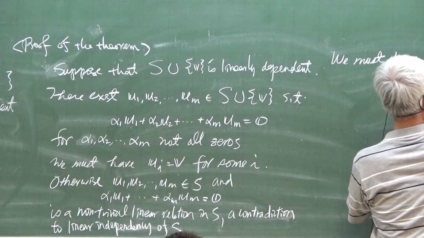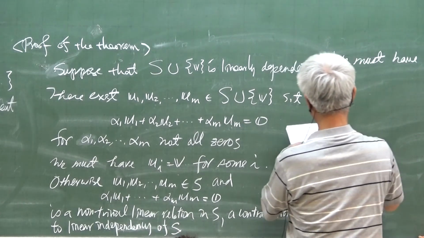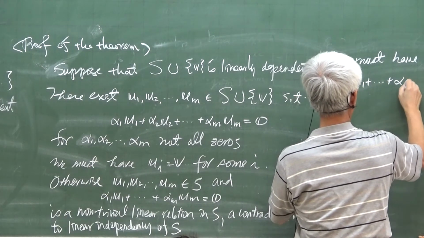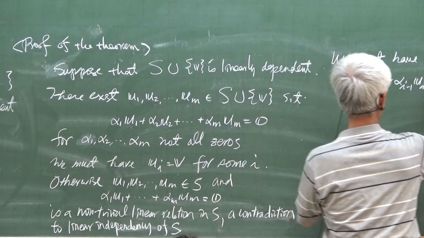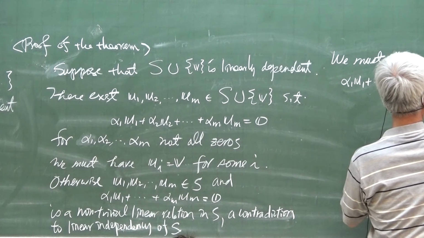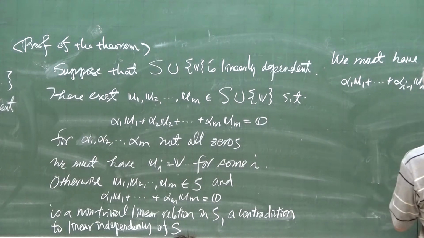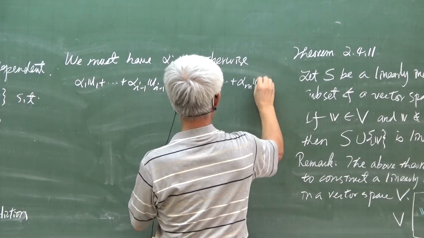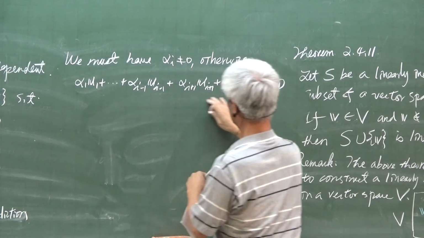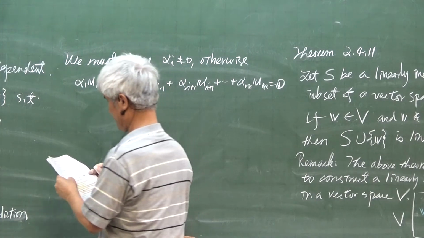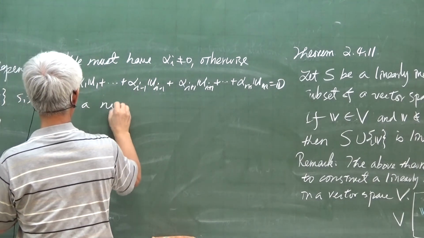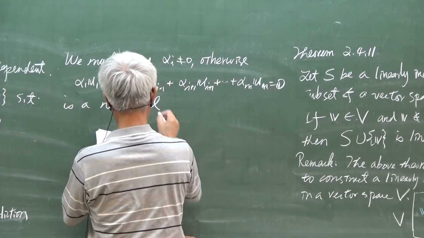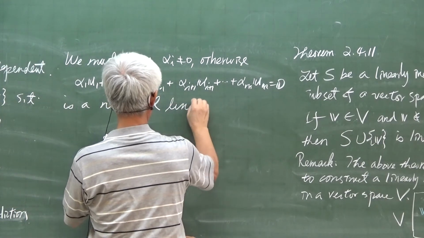Otherwise, alpha 1 u1 plus up to alpha i minus 1 ui minus 1 plus alpha i plus 1 ui plus 1 plus up to alpha m um equal to 0 is a non-trivial linear relation again.